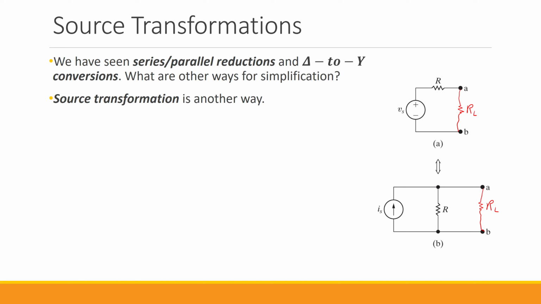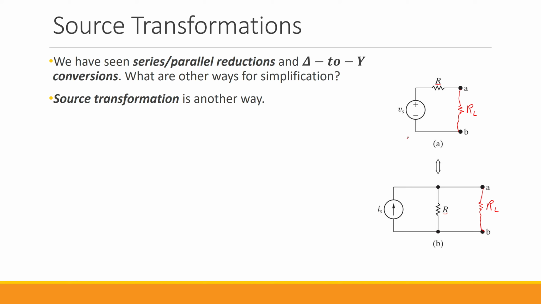What should be the relationship between the voltage source here and this current source? We can say both of these circuits affect this RL the same way. As you can see, the value for the resistor in both circuits is the same, R, but we don't know the value for Vs or Is.